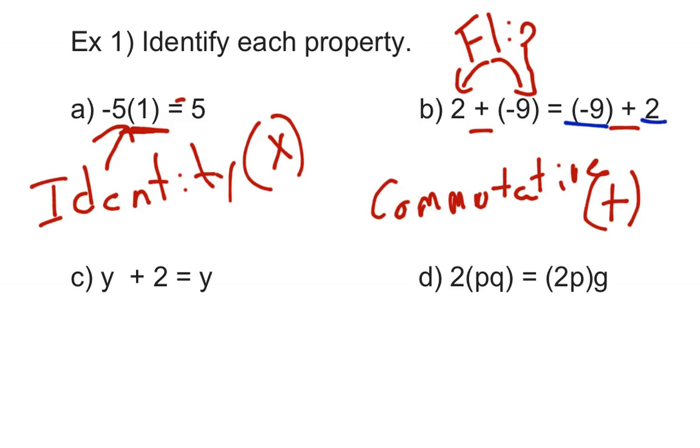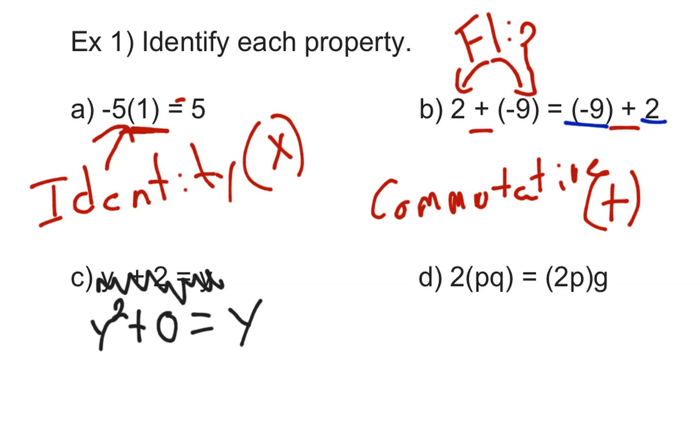Okay, on the third one, if we do y to the second power plus 2 equals y, again, I messed this up, guys. I'm going to change the problem and try it again. Y to the second power plus 0 equals y.